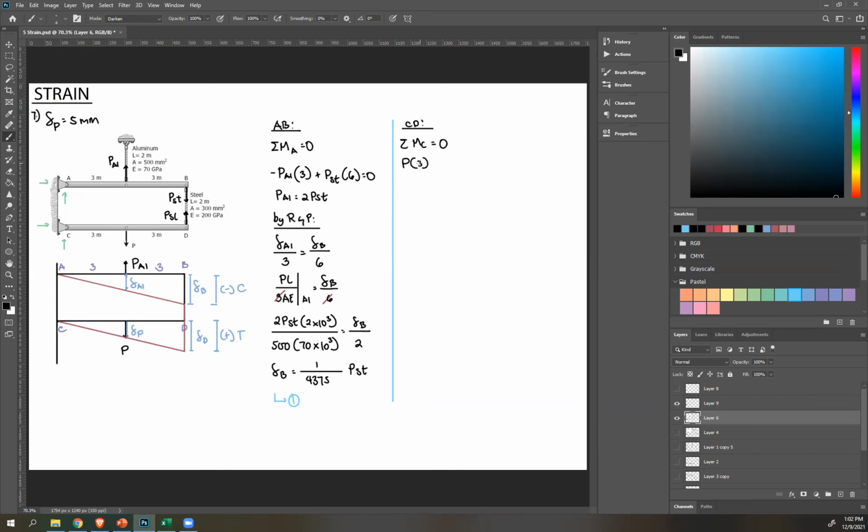Next, also, we have this, PST now upward. Rotate, that's counterclockwise. So negative PST times perpendicular distance 6. There's no other force, so equate that to 0. And then again, simplify, you'll see that P is just twice PST. And then let's just call that equation 2, okay?